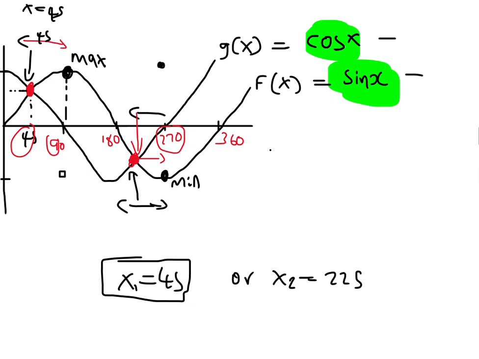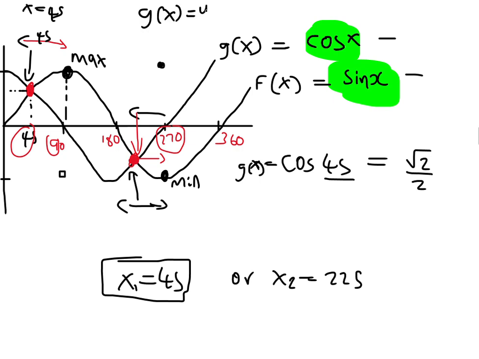We're going to have cosine of 45, and the cosine of 45 is equal to the square root of 2 over 2, right? That will be the value of y where the two graphs intersect. Remember, g of x can also be written as y. So g of x and y simply represent one thing, a function. So the value of y that corresponds to 45 is square root of 2 over 2.